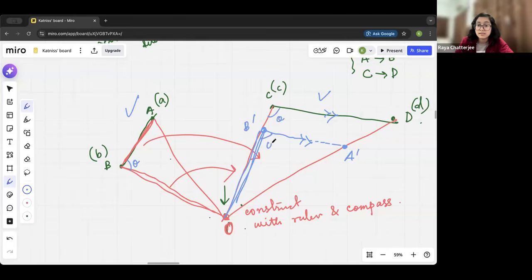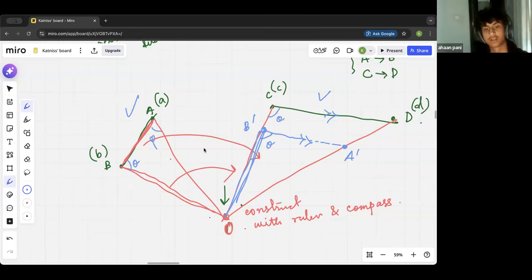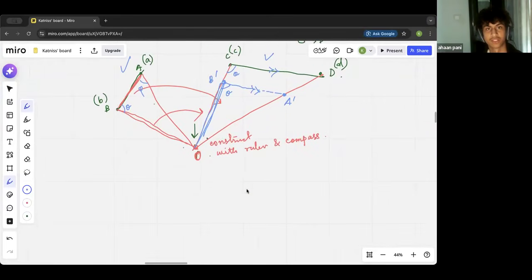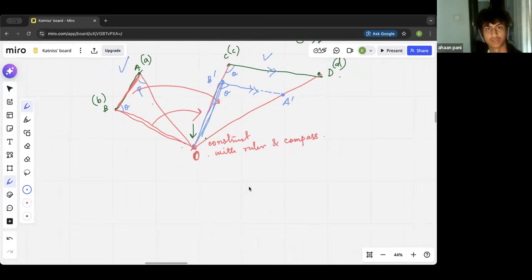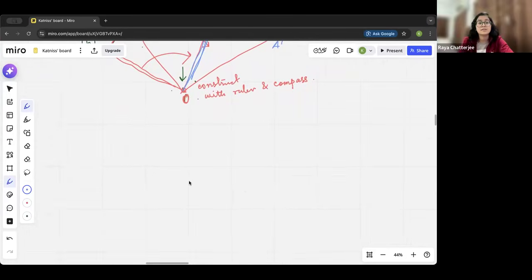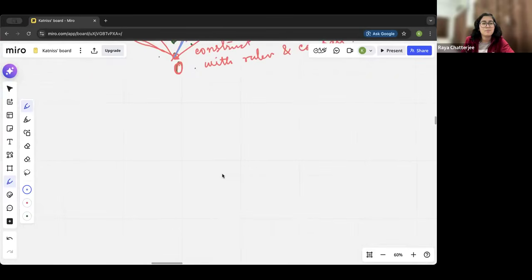To geometrically construct O, couldn't we just set an arbitrary point as the origin in the complex plane, do whatever the transformation for the spiral similarity gives us, and then just plot it there? Okay, so the point is that you can't plot it, right? You won't have graph paper.